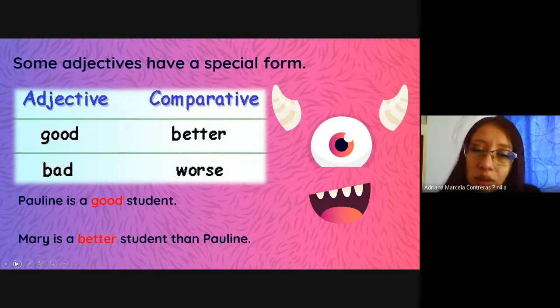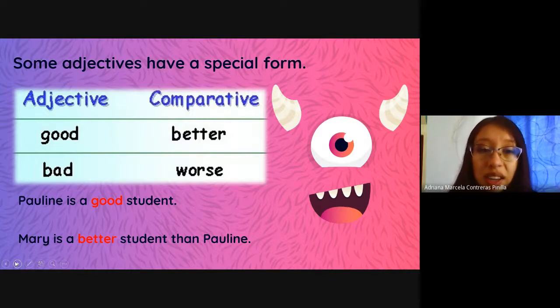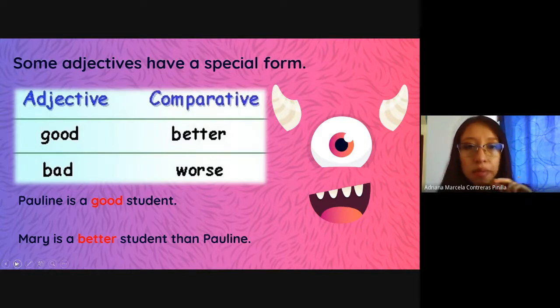We don't say el peor, porque el peor estamos diciendo que es el único, el peor de todos. Pero en este caso recuerda que estamos comparando, es decir, que utilizamos dos personas o dos animales o dos cosas o dos lugares. Entonces, cuando comparamos, decimos que es más malo en este caso.